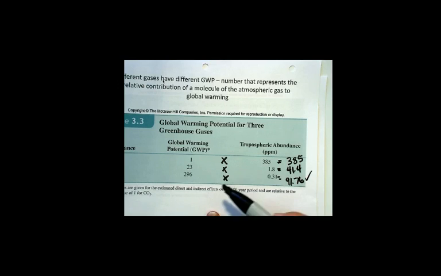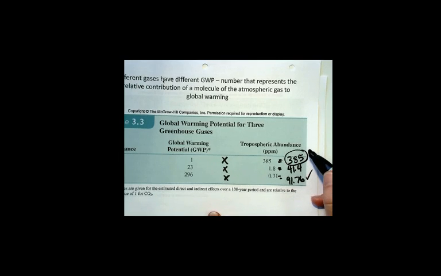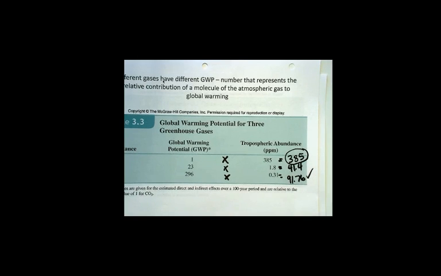But still, even though the global warming potential for carbon dioxide is less, the concentration is so much more. So still, the gas that affects global warming the most, when you compare these three gases, is carbon dioxide.